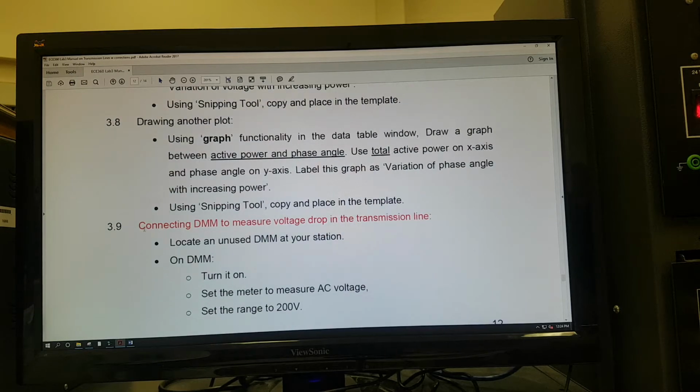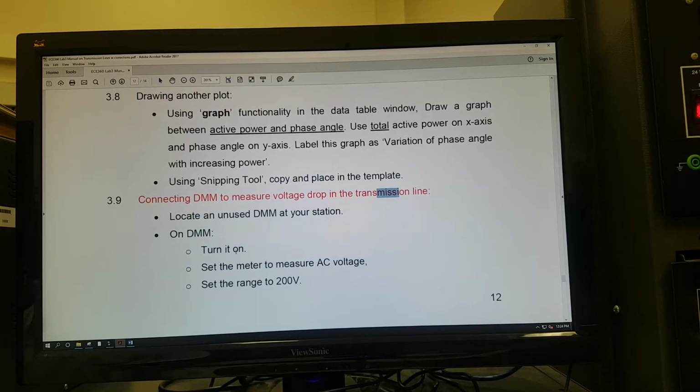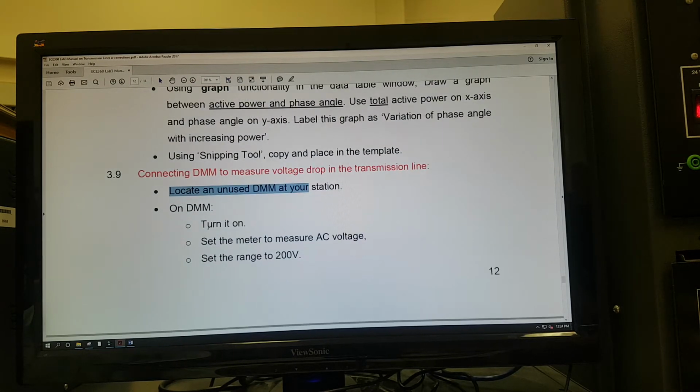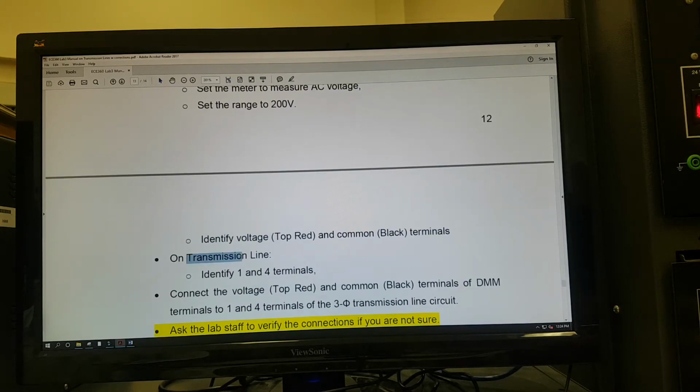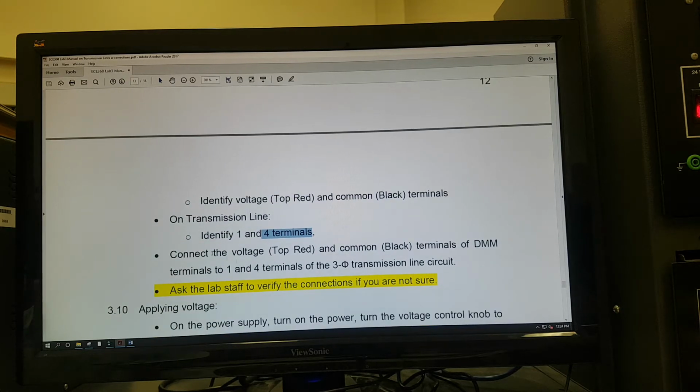So the next one is connecting the DMM to measure the voltage drop in the transmission line. Locate an unused DMM and turn it on, set the AC voltage to the 200 volts setting, identify the voltage red and black terminals, and then on the transmission line identify terminals 1 and 4 and connect it between 1 and 4.